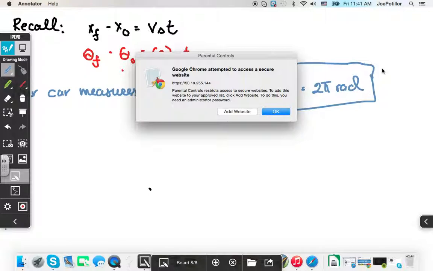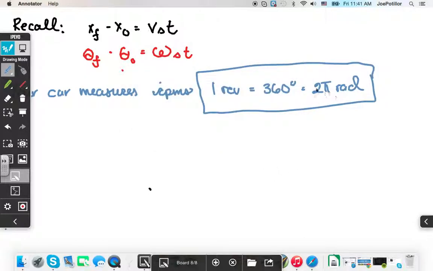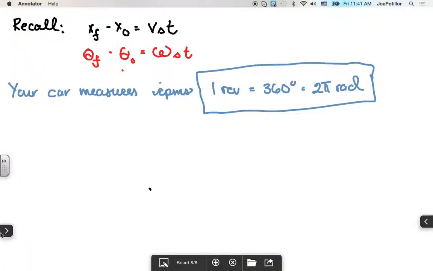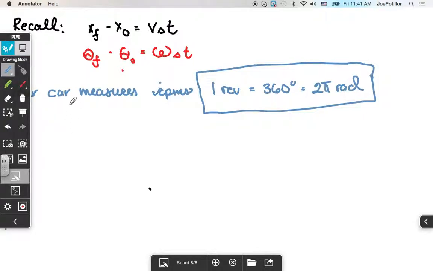And so this is kind of the conversion between the two. Right. So let's do an example involving your RPMs, like your car, because let's face it, it's much more practical.